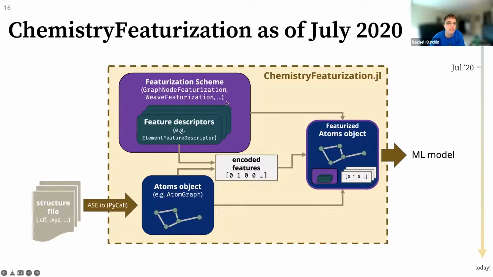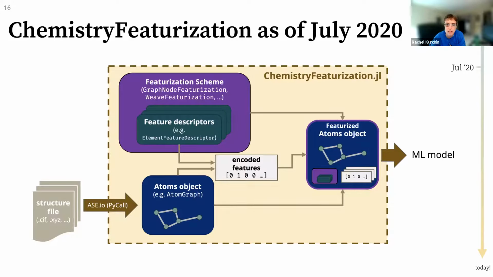You have a featurization scheme, which is composed of individual feature descriptors, such as those that describe features of a given chemical element, but could also describe pairs of elements or even larger neighborhoods. Those encode those features and then are stored in this overall featurized atoms object. That thing is then the input to your model, and it's also designed in such a way that it's very easy to serialize and store, and it carries with it all the information of how the features were encoded and how to decode them, so that you don't lose that and go back to that world of opacity.